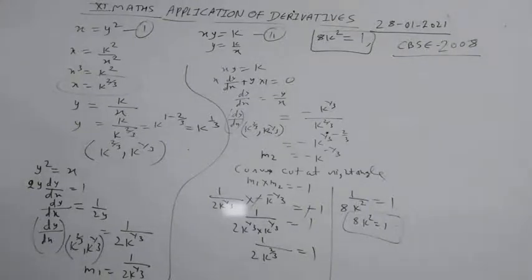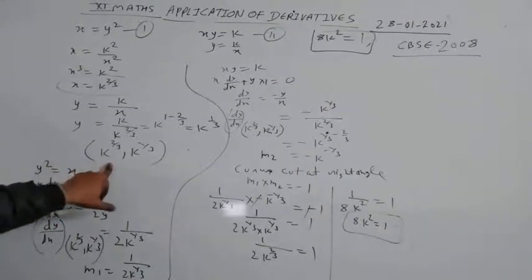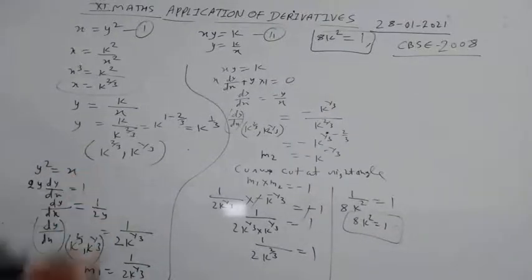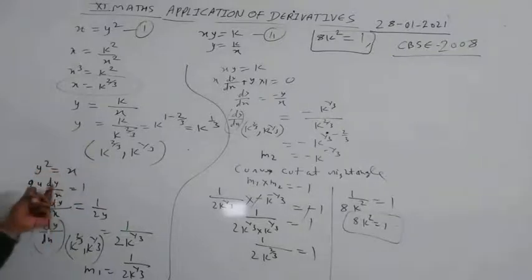First of all, we find the coordinates where these two curves intersect. So the point is this, where the two curves intersect. Taking the slope, differentiating, we find the slope at this point, which is 1/(2k^(1/3)).